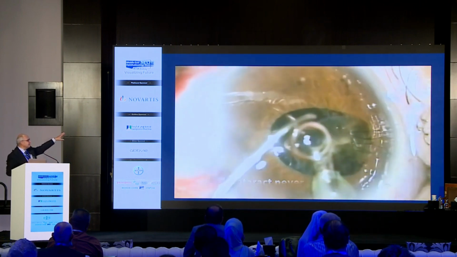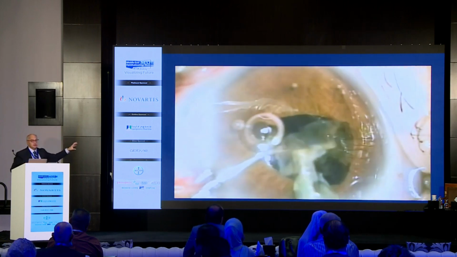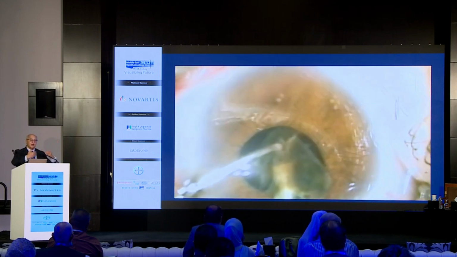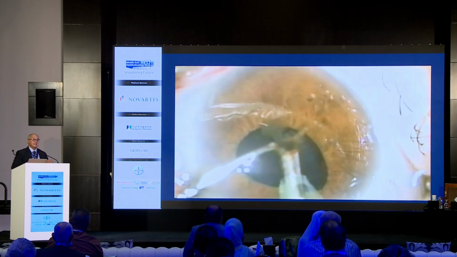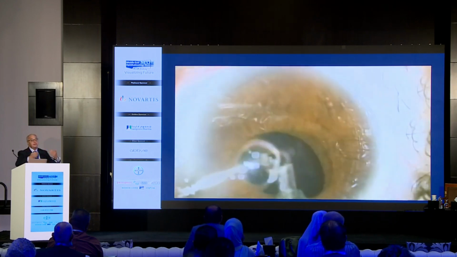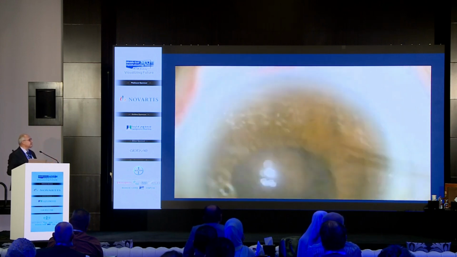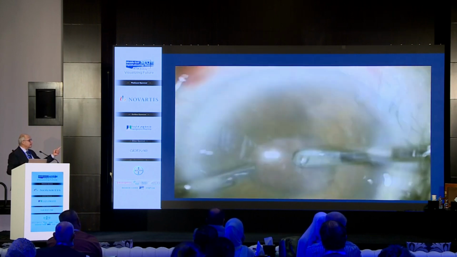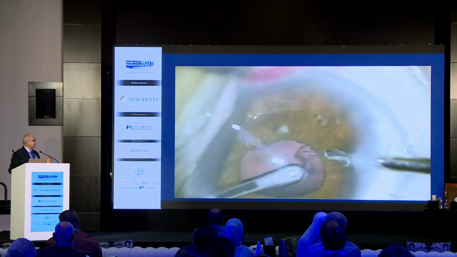And in spite of the fact that this is a very hard nucleus, still you can carefully deal with it as if it is a little bit difficult but not impossible nucleus. Protecting the two most feared things: the corneal endothelium and the posterior capsule.